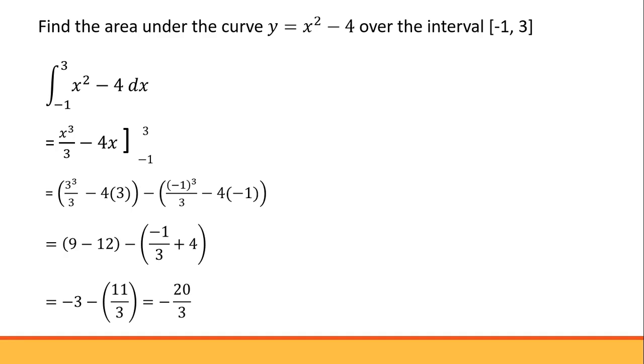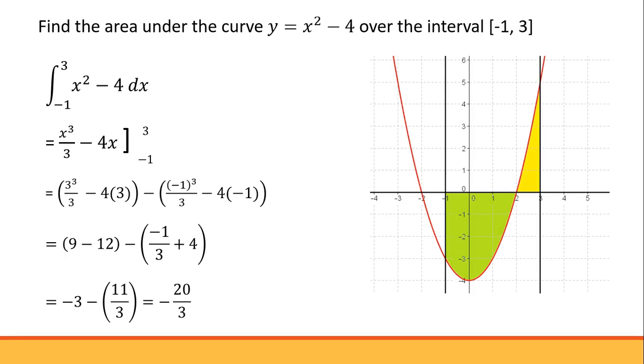So what does that mean? Does that mean that the entire graph, the entire bounded area is below the x-axis because we got a negative value? Well, no, it doesn't. It just means that there's more of the area below the x-axis than above the x-axis.